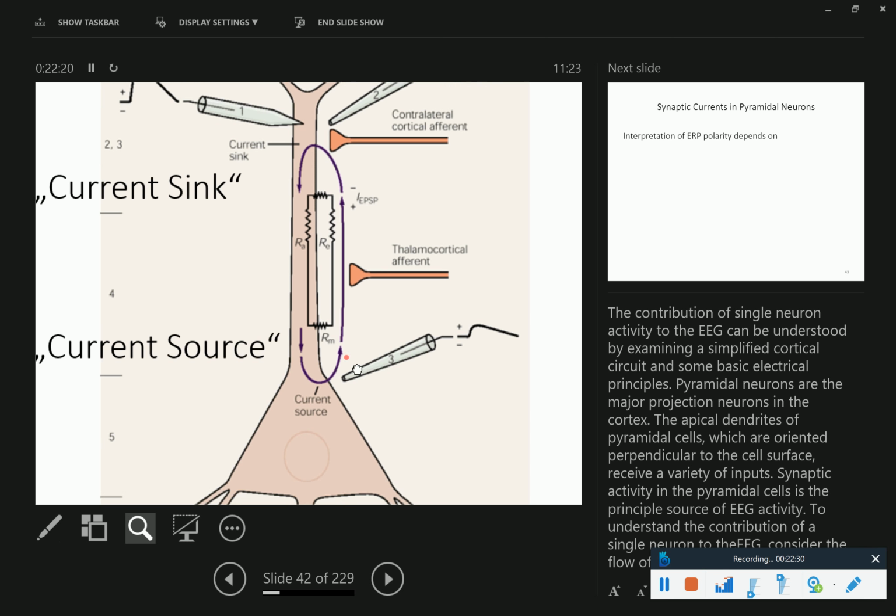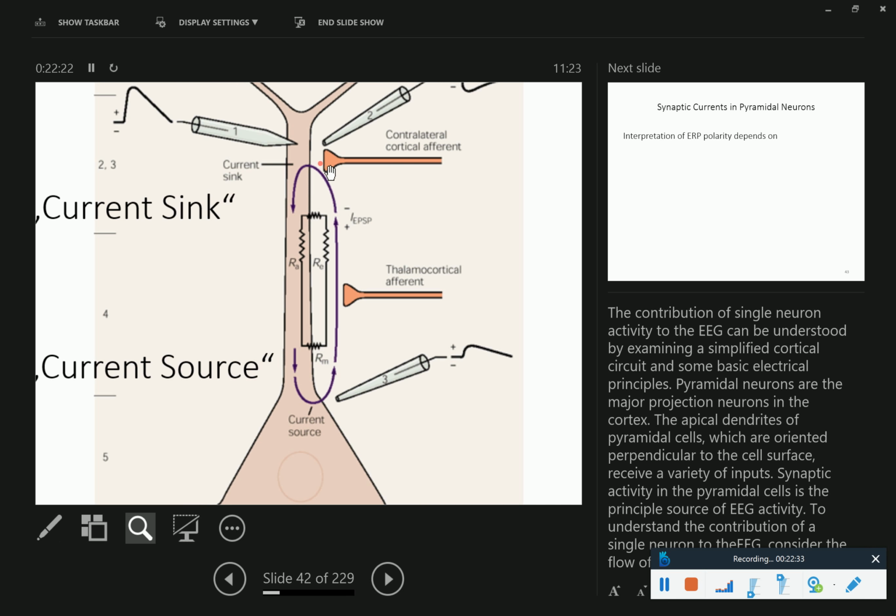The general idea is that if you have some current sink somewhere where charge flows into the cell, then at some other place this charge must come from, and in this case it's coming from a current source that is the same cell. And the most important thing is that you get an extracellular current that extends over this extent of the pyramidal cell.